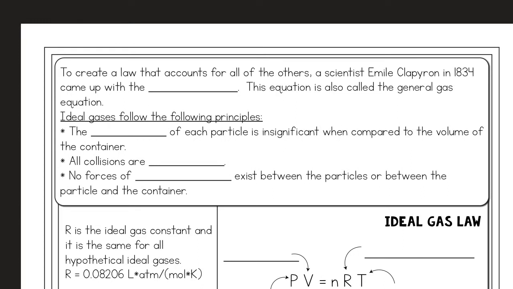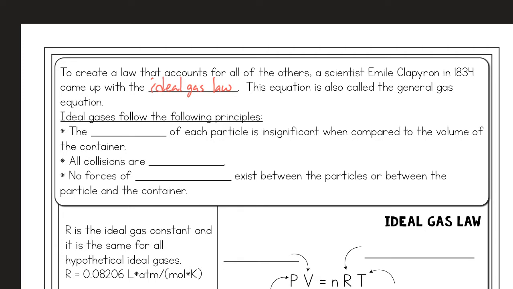To create a law that accounts for all of the others, a scientist, Émile Clapeyron, in 1834 came up with the ideal gas law. This equation is also called the general gas law.